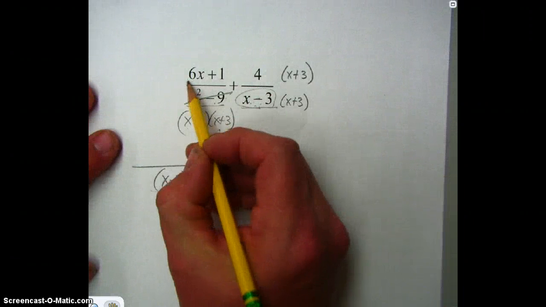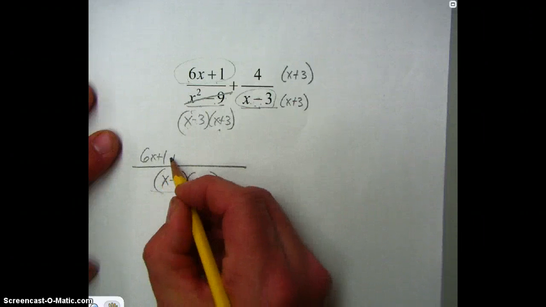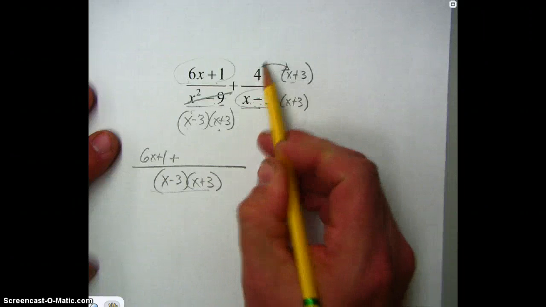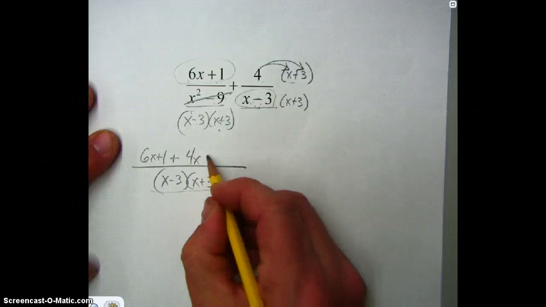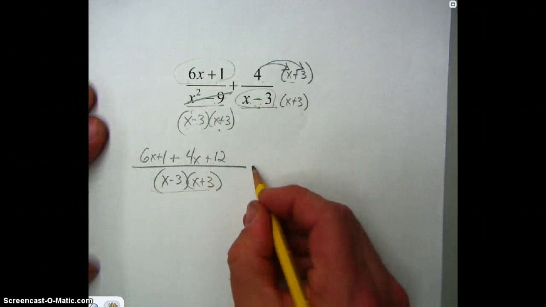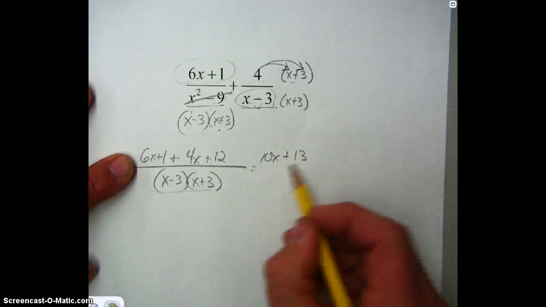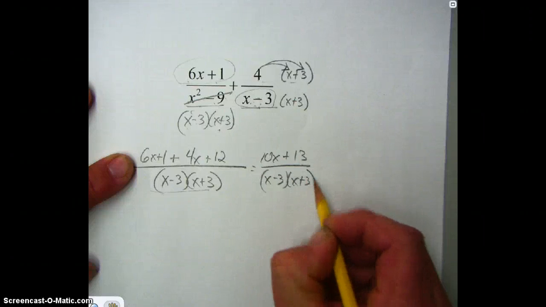Now we didn't have to do anything to this term, which is nice, so we just keep it. Plus, you've got to take this 4 and multiply it through: 4 times x and 4 times 3. Combine like terms, so that's 10x plus 13 all over x minus 3 times x plus 3.